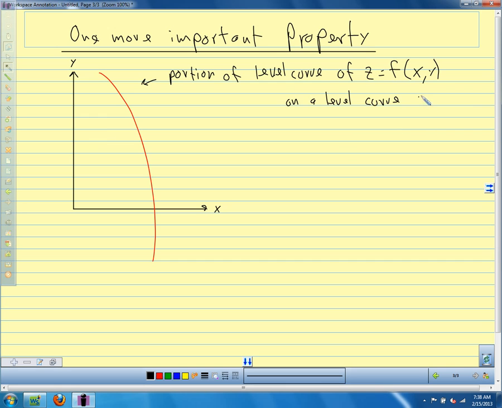On a level curve, z equals constant. Now we're going to draw a unit tangent vector to the level curve. So let's draw a unit tangent vector right here at this point. So this is a unit tangent vector to our level curve at this point.